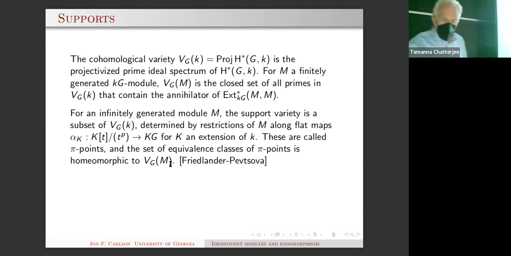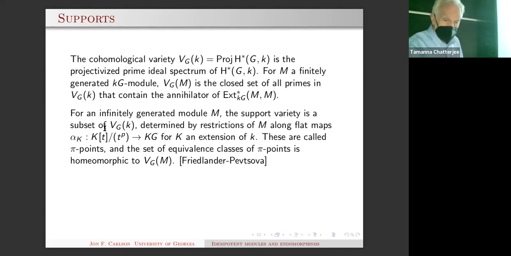The way you get this basically is if you take one of these pi points and you pull back the cohomology ring, the cohomology ring of this thing is basically a polynomial ring in one variable. If you pull back that cohomology, then the kernel of that thing is going to be a homogeneous prime ideal. And that's where you get the correspondence.